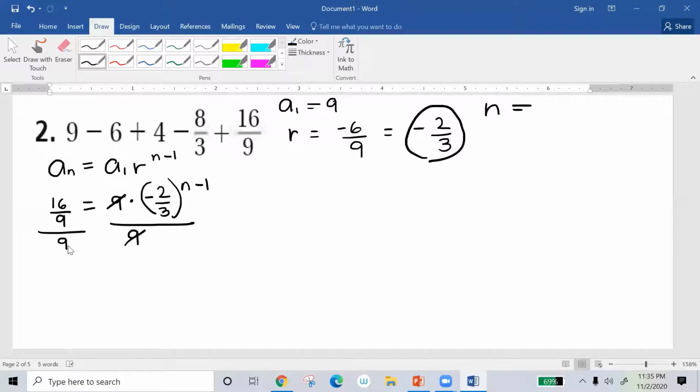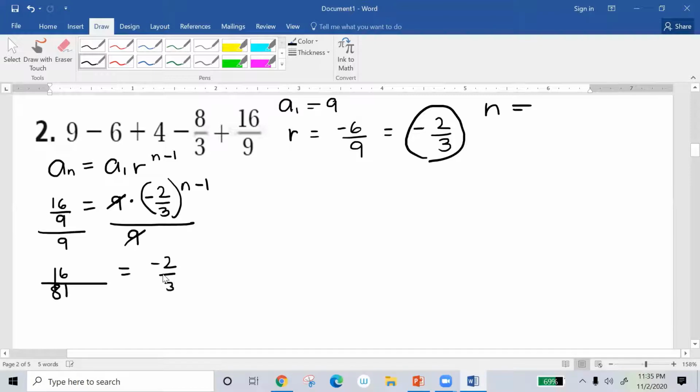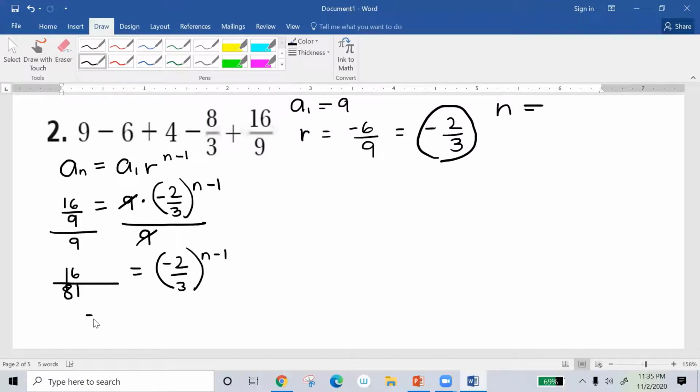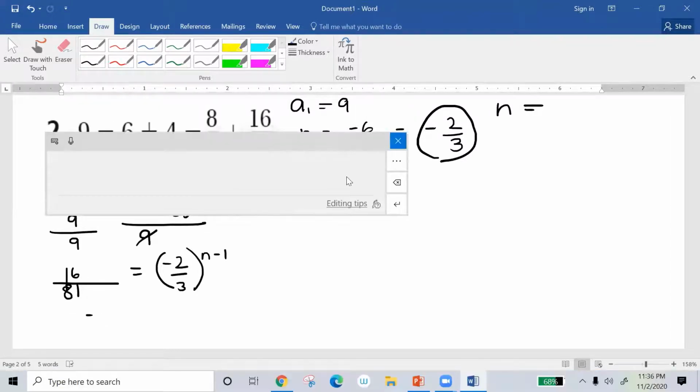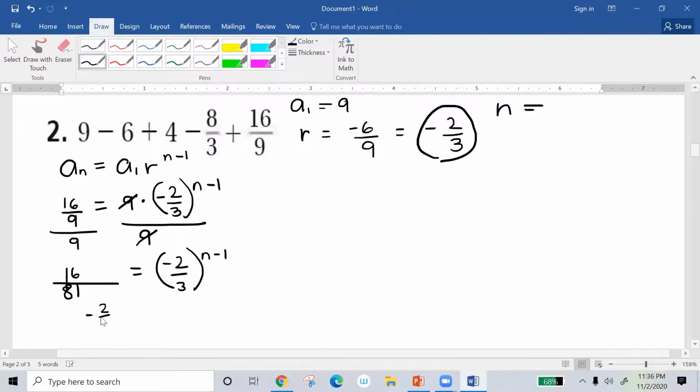Okay, now 16 over 9 divided by 9 is 16 over 81. Now negative 2 over 3 raised to n minus 1. So we need to have the same base, right? So negative 2 over 3 raised to what number to make 16 over 81?